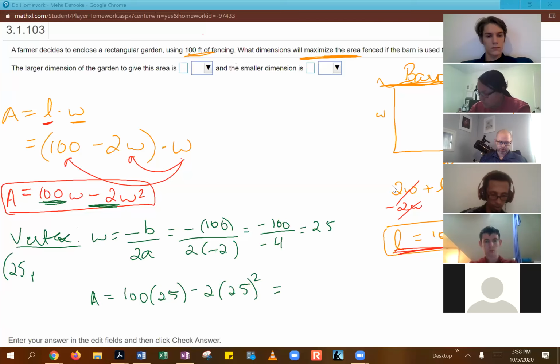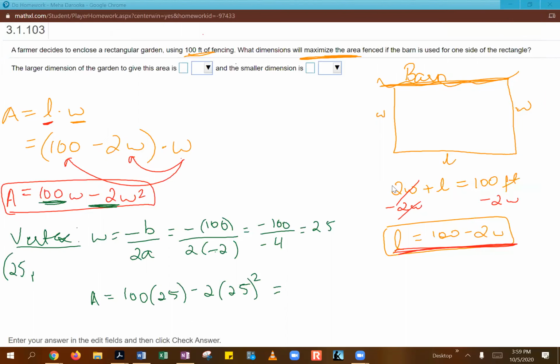So 100 times 25 minus 2 times 25 squared. When you simplify that, what do you get? 0. Okay, because I did not get that. So let's take a look at this. 100 times 25 would of course become 2500 minus, you would of course have to do 25 squared first, which should give us 625.